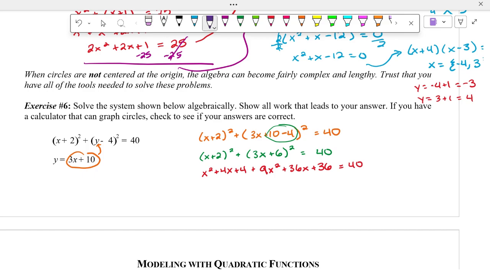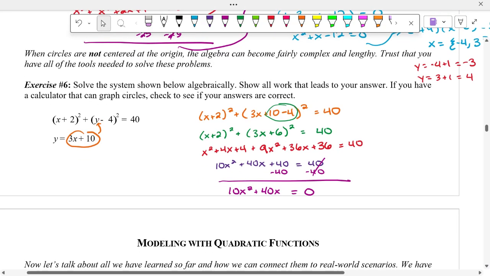Combine like terms, you would get 10x squared plus 40x plus 40 is equal to 40. And then what do we have to do to solve? Subtract the 40 first to get it equal to 0. That goes away. I get 10x squared plus 40x is equal to 0.